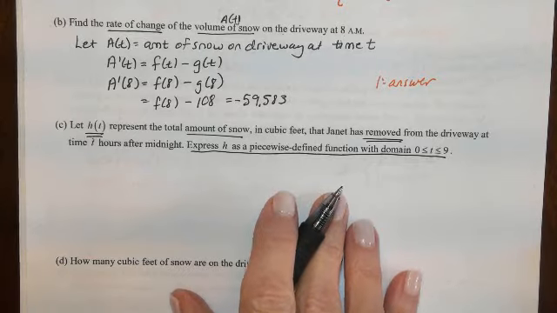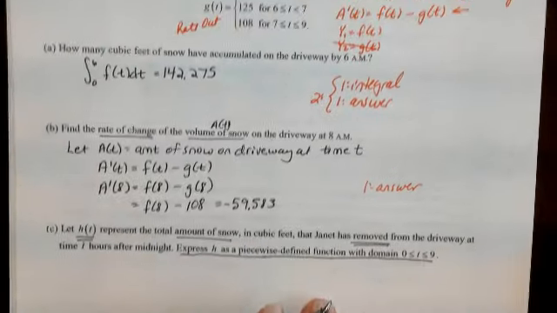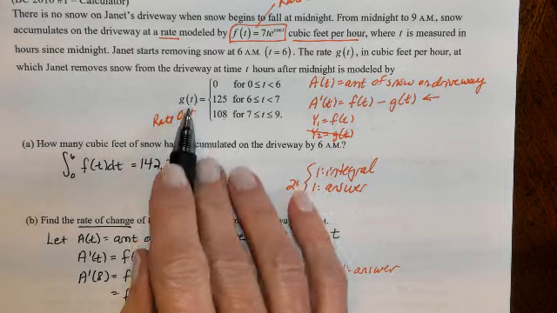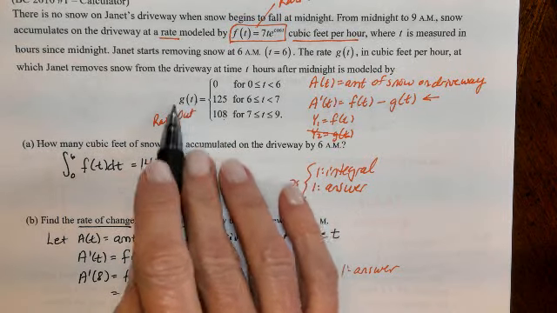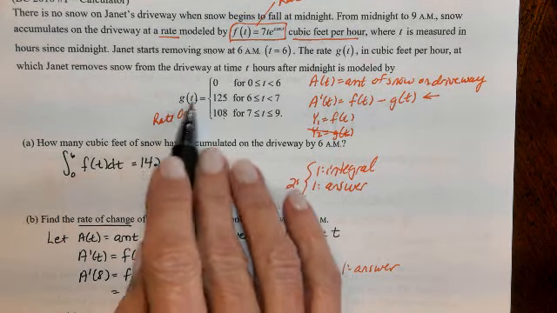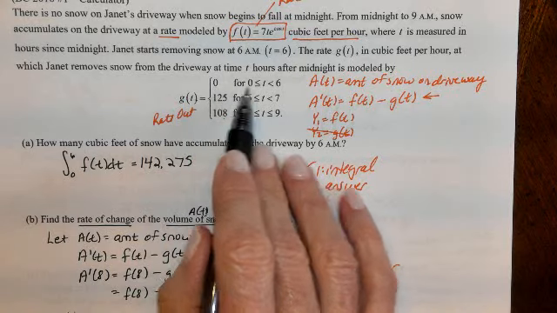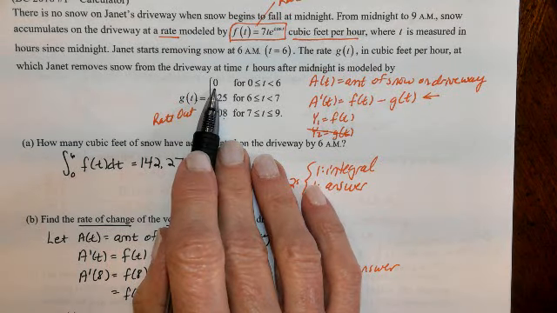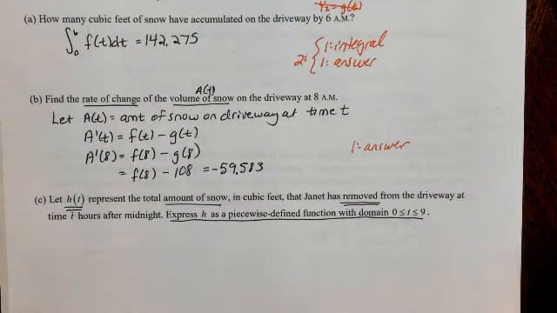Okay, so h is the amount of snow that has been removed. First of all, h is going to depend on the rate of removal, right? And from 0 to 6, nothing has been removed. The rate is 0, so nothing has been removed.